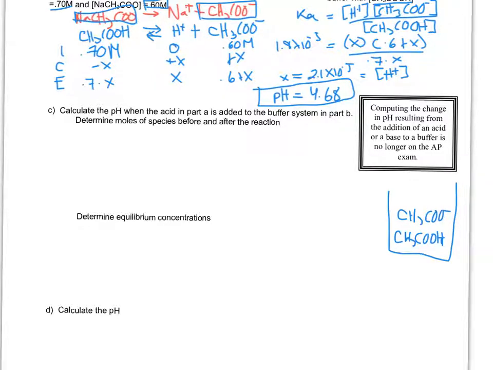Okay, now again, a buffer is made up of an acid and its conjugate base, or a base and its conjugate acid. So any buffer has an acidic portion and a basic portion in it. Now, I'm going to add some HCl to it, so I'm adding some acid to it. So now I'm going to add H pluses.